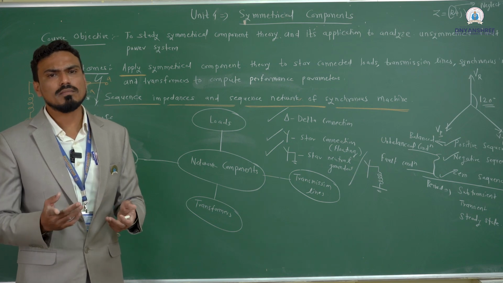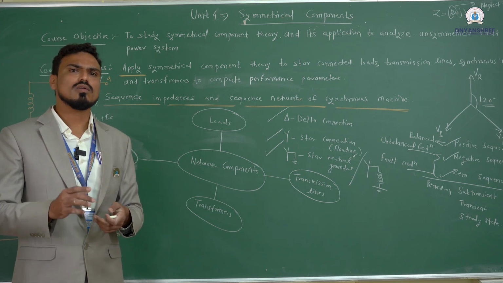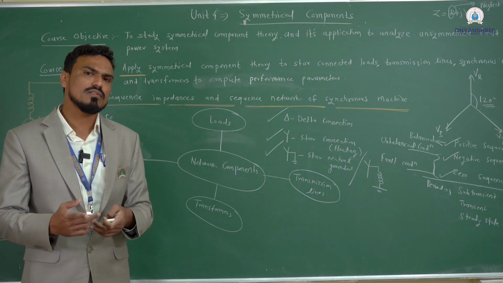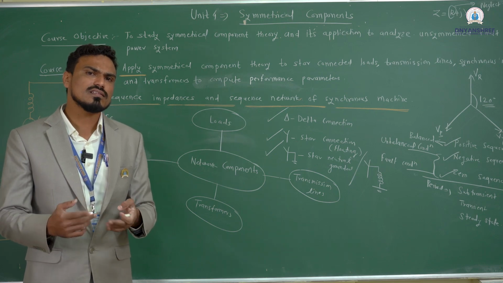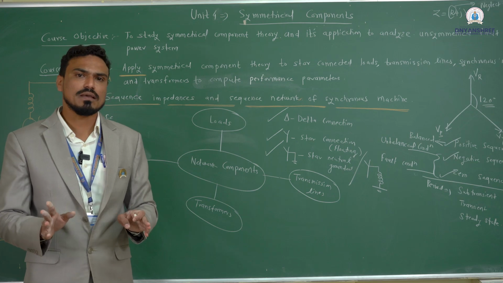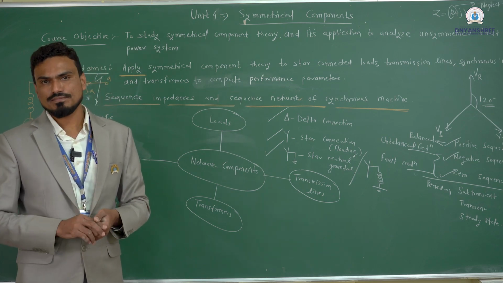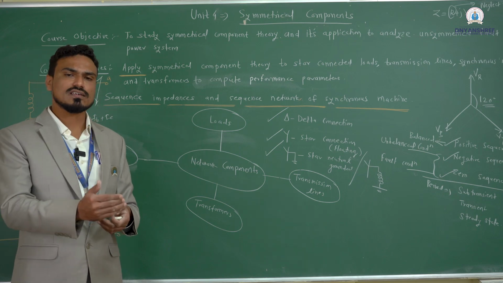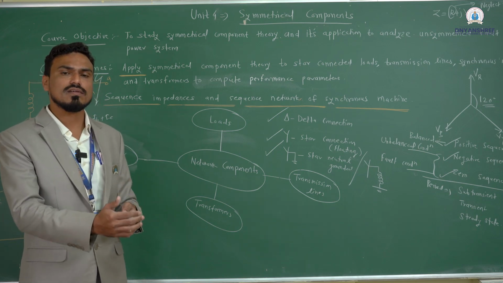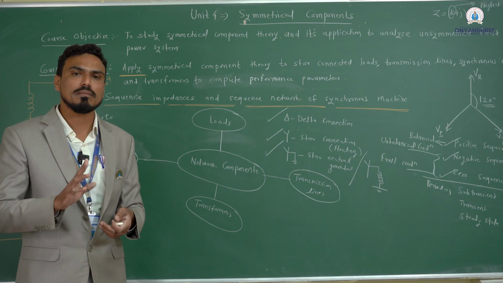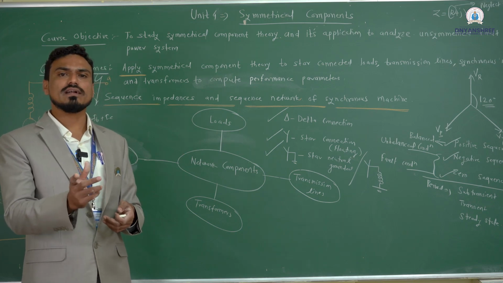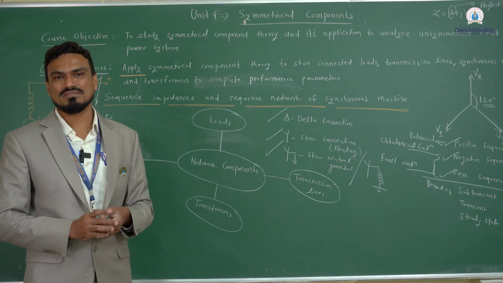What is the unbalanced loading situation? If we are loading the R phase, Y phase and B phase independently with certain loads which are not the same, then it causes unbalancing. Suppose the R phase current is say 10 ampere, another one is 5 ampere, and the third one is 20 ampere. This we can call an unbalanced loading condition.